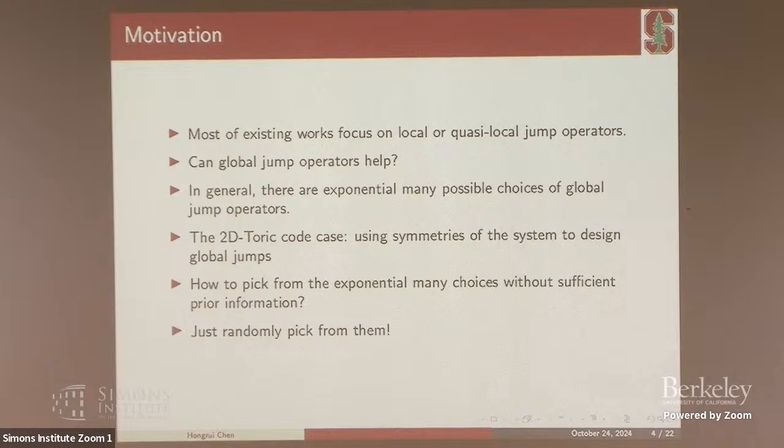But this is because in the 2D toric code we have perfect knowledge of the system: we know where the low energy states are, and we know the symmetries, so we can design the global jump operators based on our knowledge. But in general, if we don't have sufficient prior information about the system, how can we do global jumps? This paper takes one step toward this, and our idea is very simple.